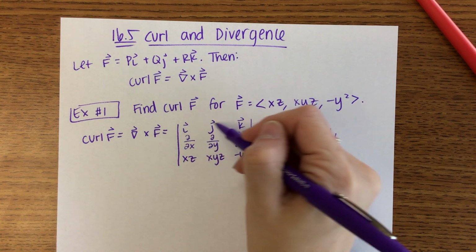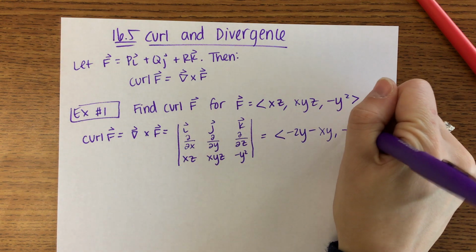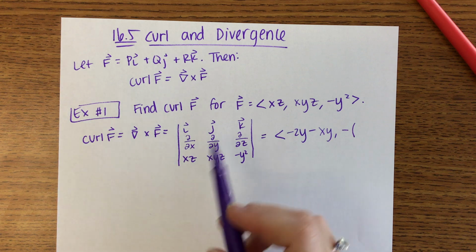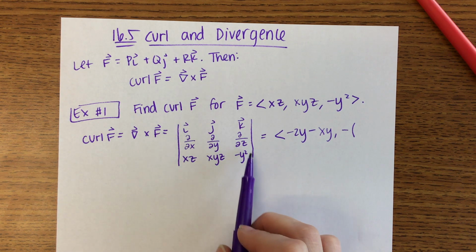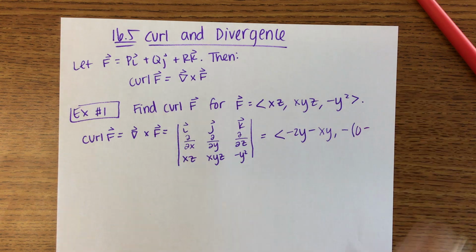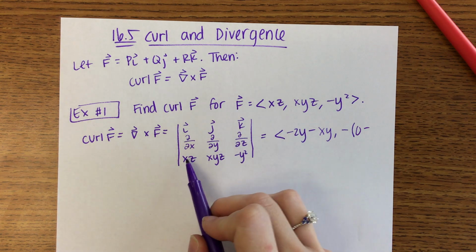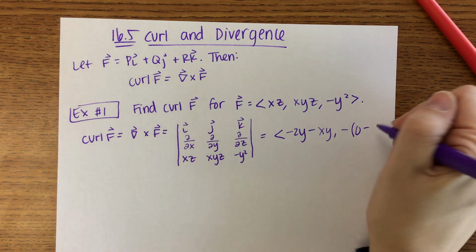Ignoring this column and that row, it's the middle one, so we have to switch the sign. Partial with respect to x of this function will be 0, minus partial with respect to z of this function, which will be x.